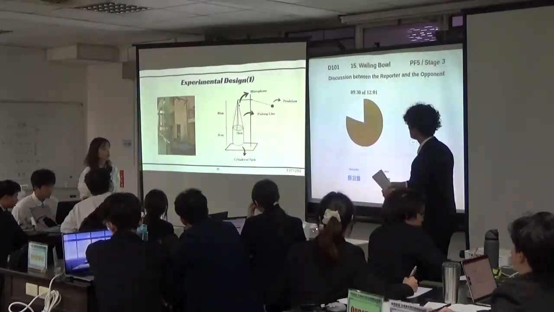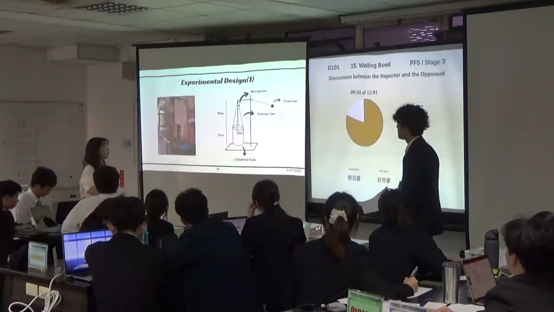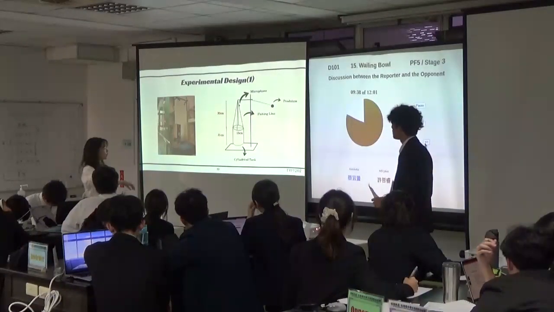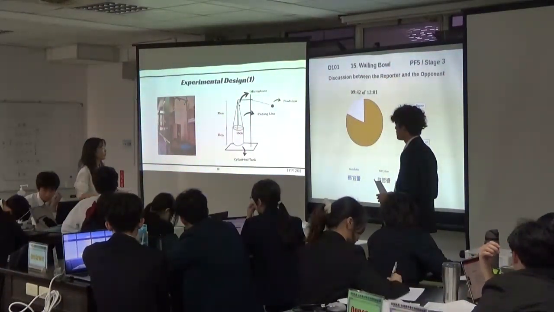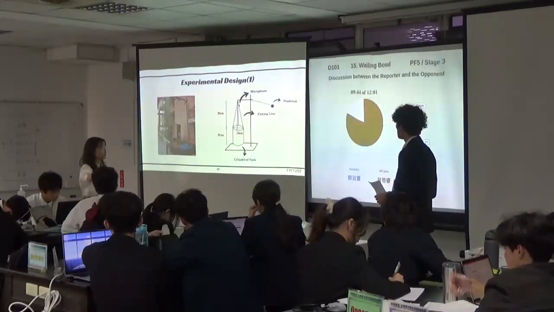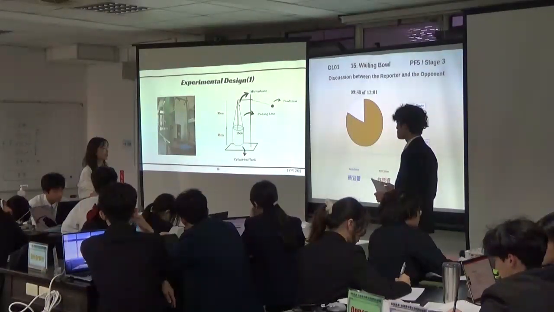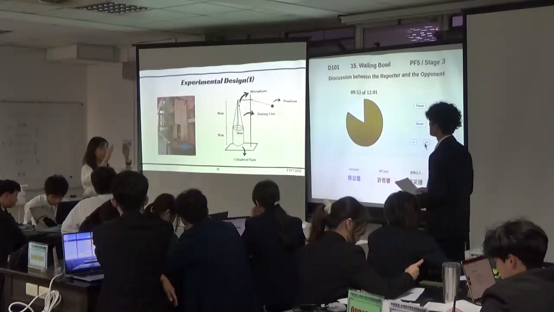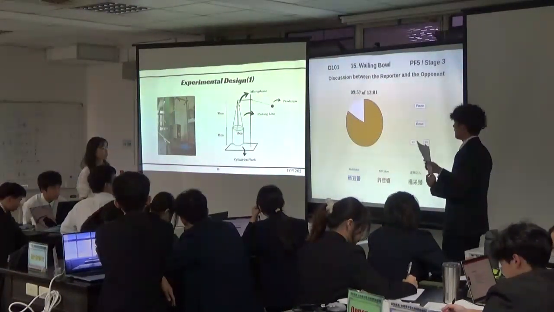Can you tell me how you rotate the ball? We rotated with our hand, and we recorded, and we analyzed whether they are rotating at the same height and speed. We recorded for a long time, and when the speed is the same, we cut that part of the video and analyze the result. Okay, I get it.